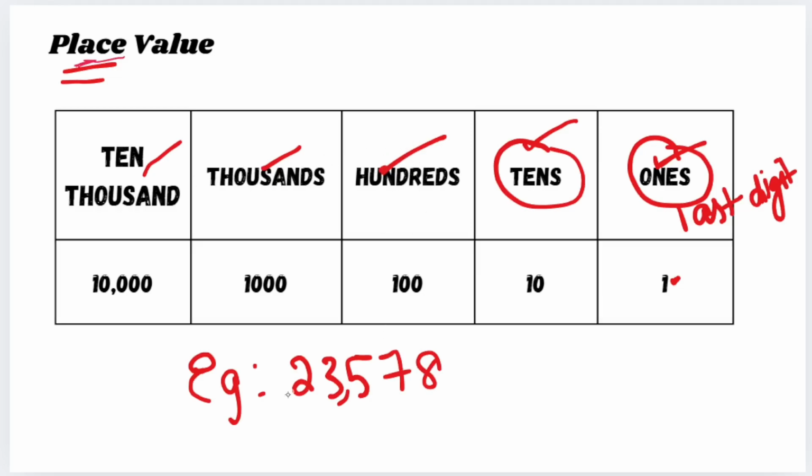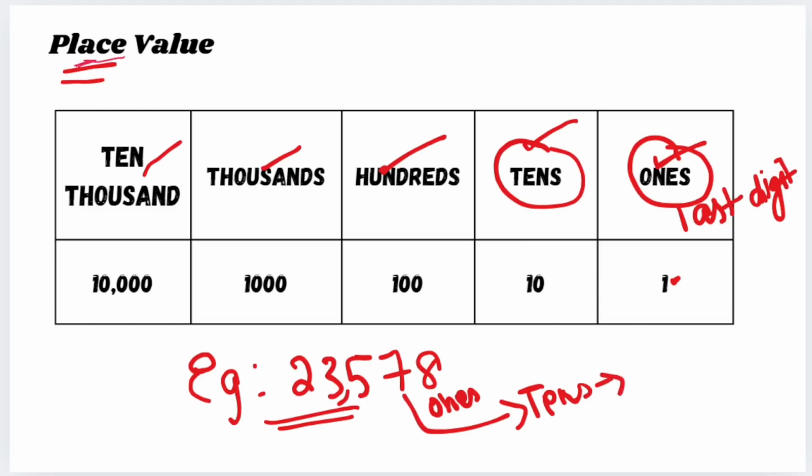Fine. So if I give you this example, 8 is in the place of, as I said, the last digit is ones. Then 7 is tens. Tens means you have to go through with 10.